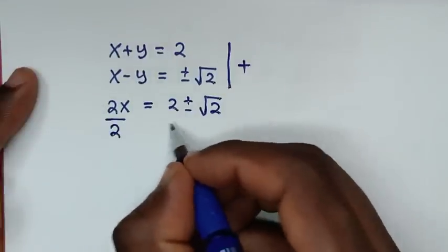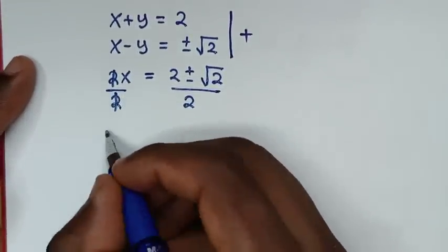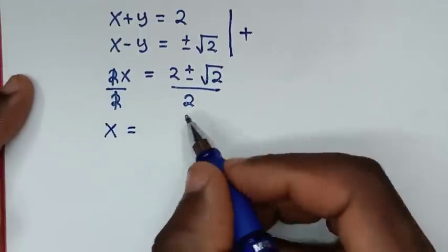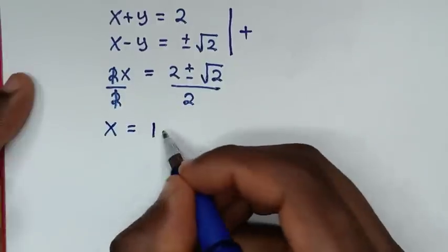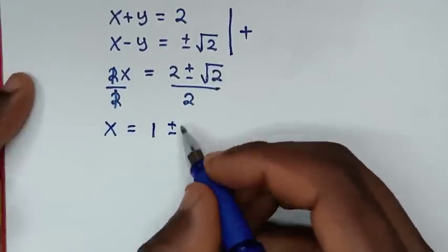Then we divide by 2 in both sides, so this and this will cancel, so it will be x is equal to 2 divided by 2 is 1, then plus or minus square root of 2 divided by 2.